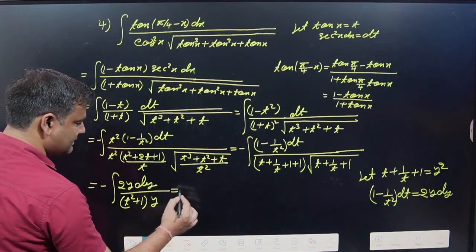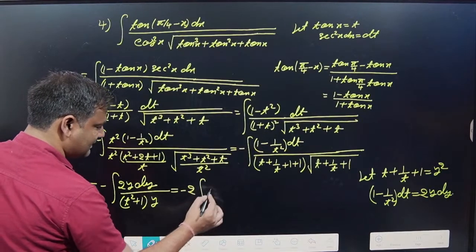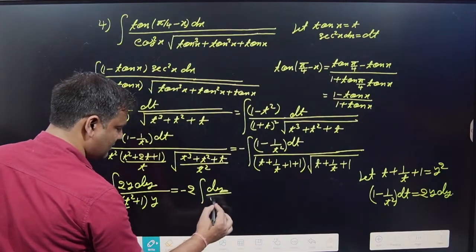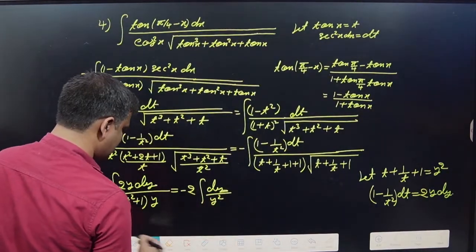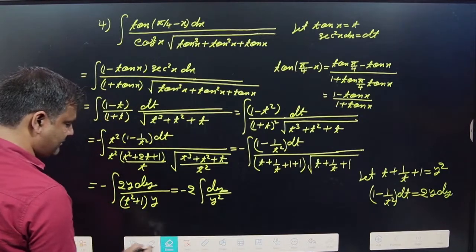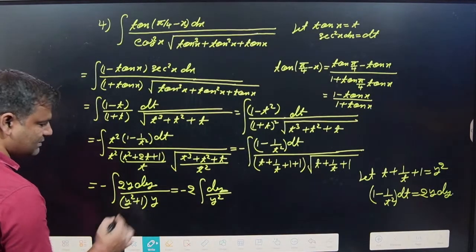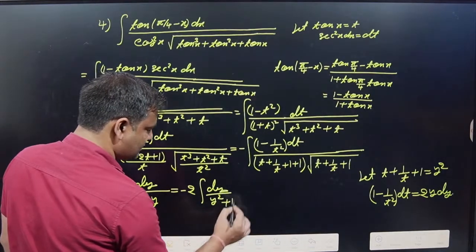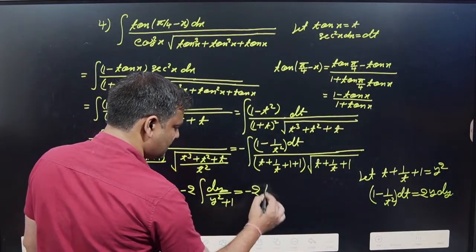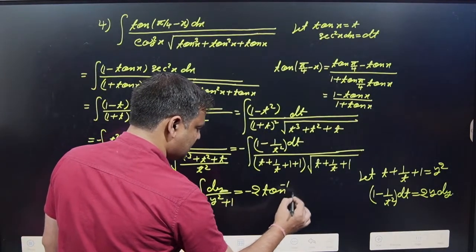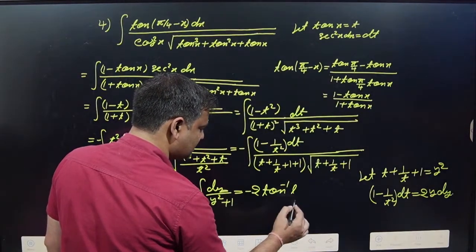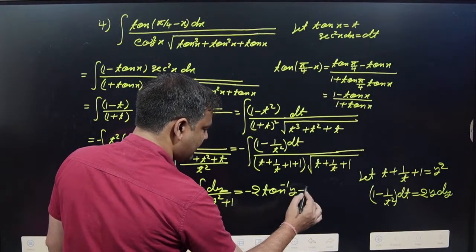So you can say minus 2 dy divided by y square plus 1, so this is written as minus 2 tan inverse y plus c.